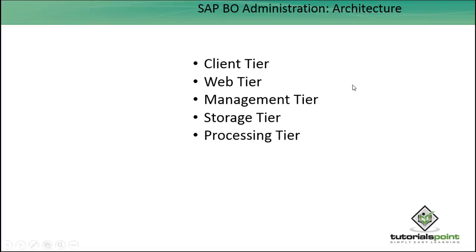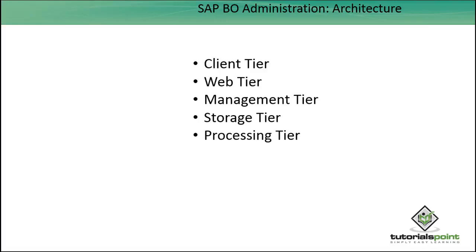After that we have the storage tier. So the storage tier is responsible for handling files such as documents and reports. The input file repository server manages the files that contain the information to be used in the reports, such as doc, PPT, RTF, TXT and others.